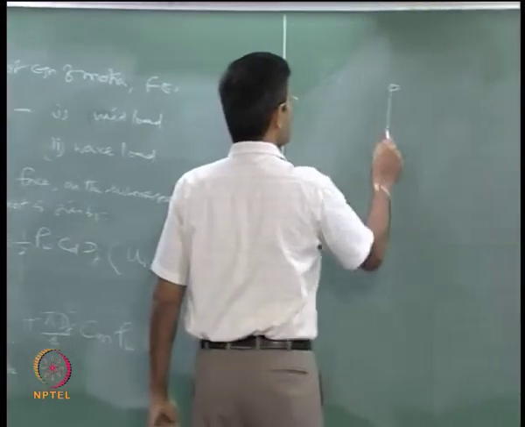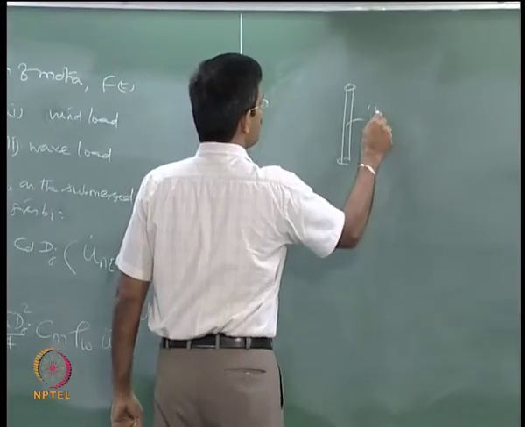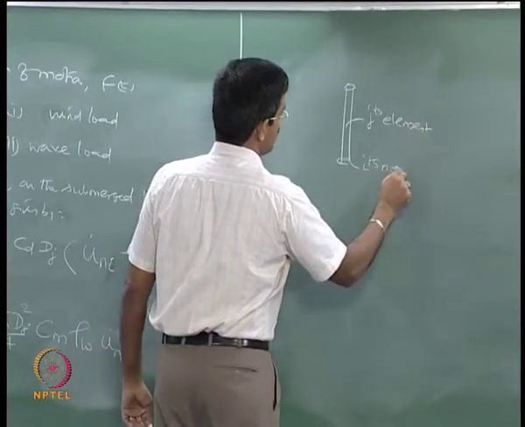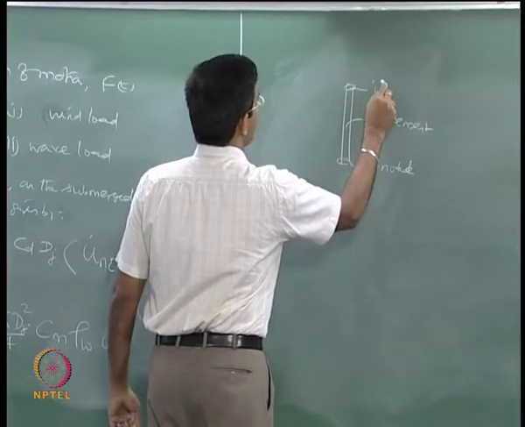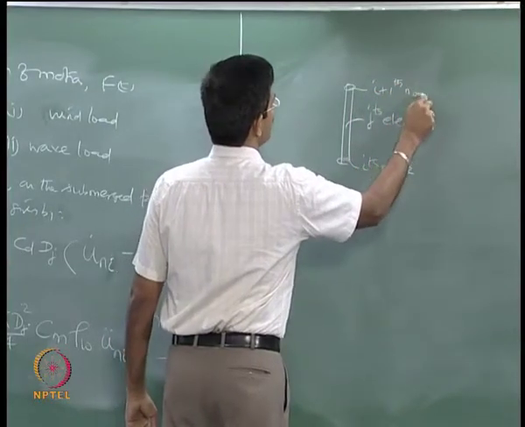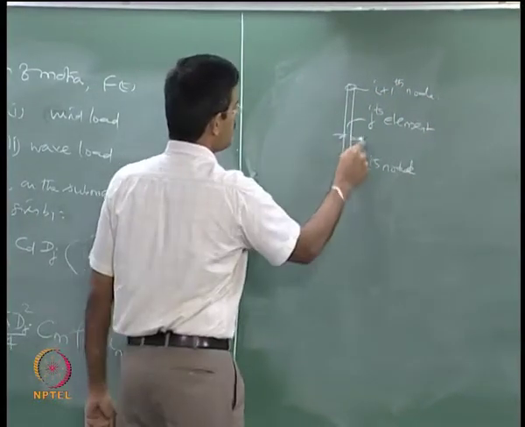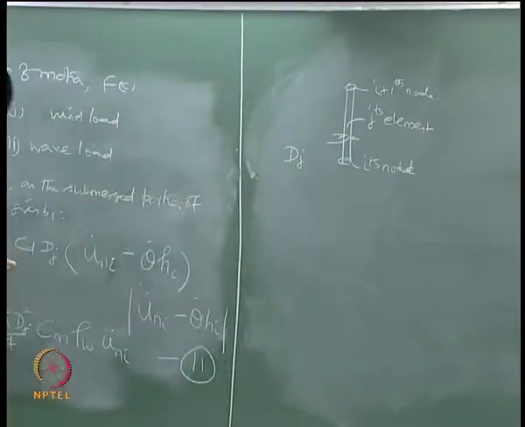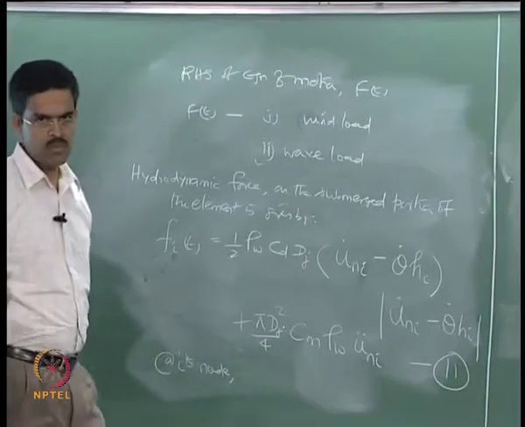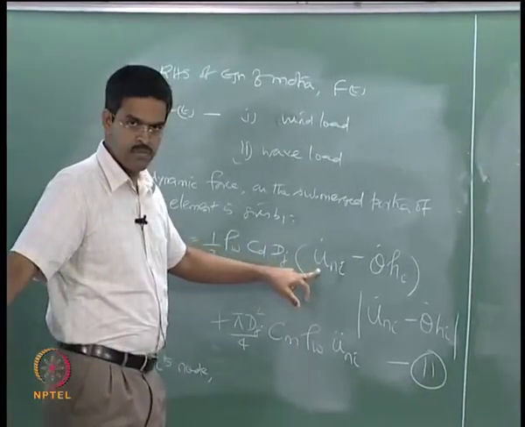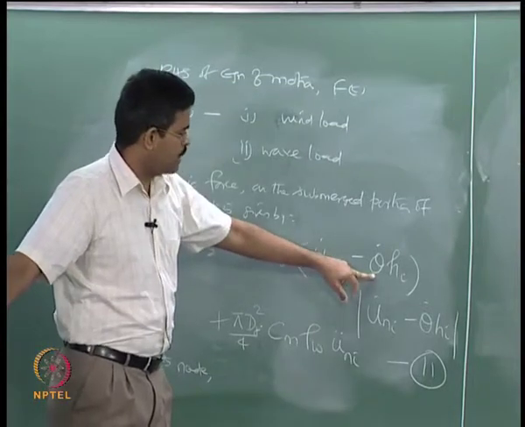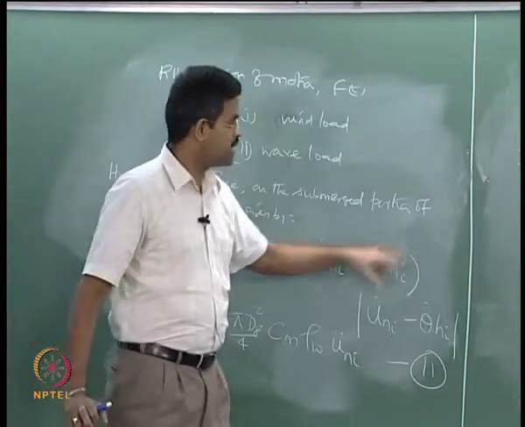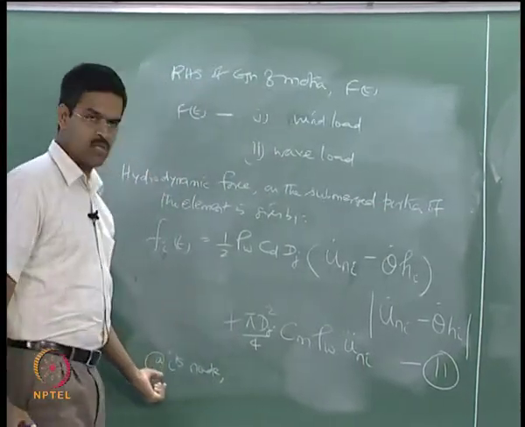This is my jth element, this is my ith node, this is my (i+1)th node, and this is the diameter of the member, the jth element. That is what I am using here. And the velocity and the angular velocity are all at i. What is h_i? I will come to that.